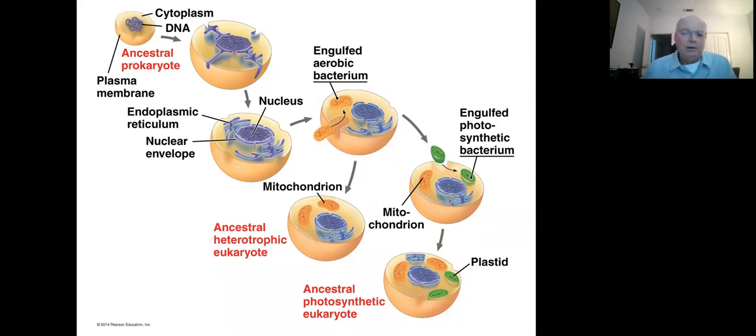And while we may modify the content of the theory, the basic premise at the heart of the theory, in this case, that the mitochondria and the chloroplast are derived from ancestral free-swimming bacteria, does not change, even though we may refine the theory a little bit more as we get better and newer data.